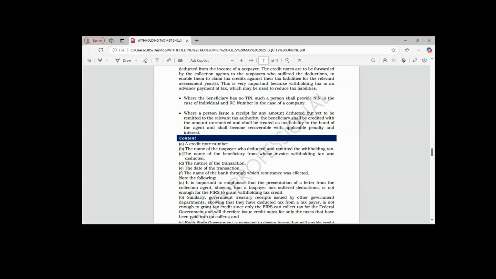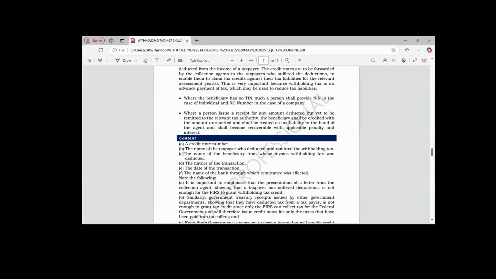But now, where you deduct but you are yet to remit, the person will still be entitled to that withholding tax credit note. But it is only by the time they now want to collect it from you, you are going to be liable to administrative penalty and interest at the prevailing rate.